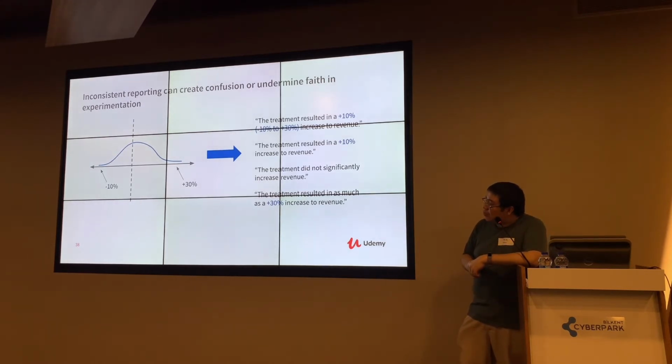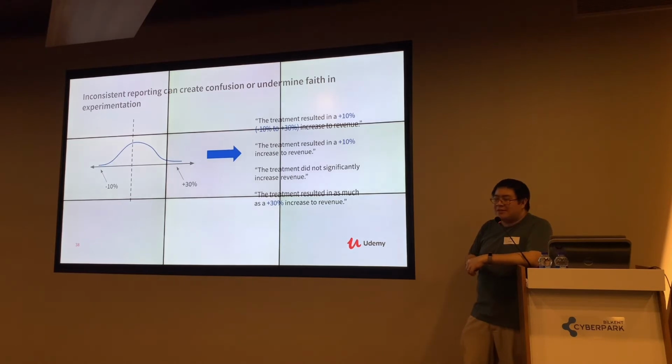It seems like there's a 1 in 3 probability that this treatment variant will actually decrease revenue, right? So that's a problem. One thing you could say is the treatment did not significantly increase revenue. That's, in some sense, accurate from a statistical hypothesis testing perspective, but I'm not sure that tells you a lot of information about what's going on.